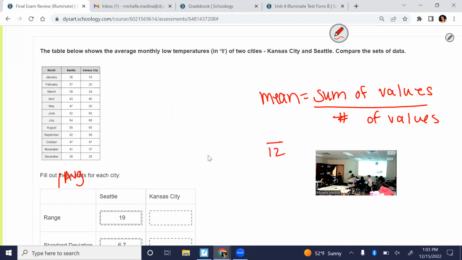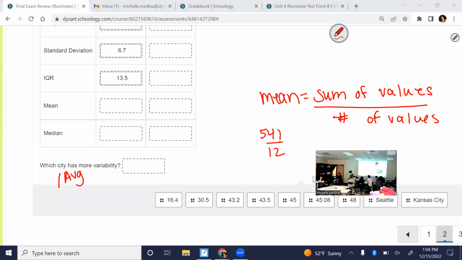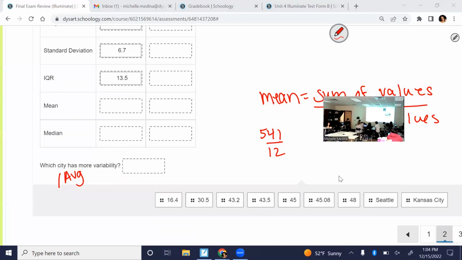All right, so I got 541. Someone else can verify that as a sum of all of Seattle's values. And then divide that by 12, because that's how many data points there were. And I get 45.1-ish. Or 45.08 is what it actually is.